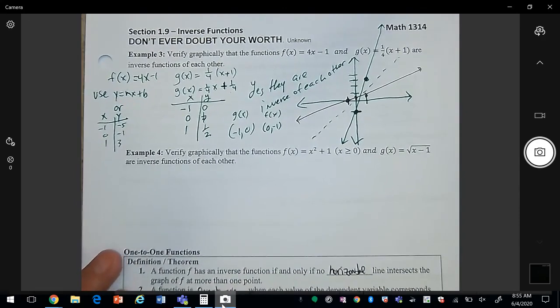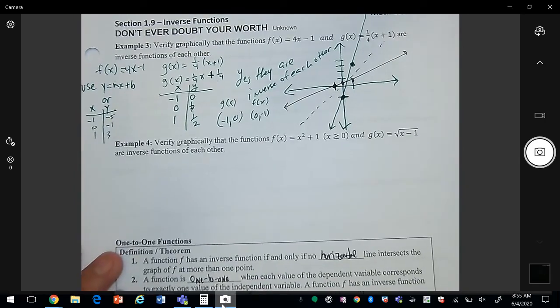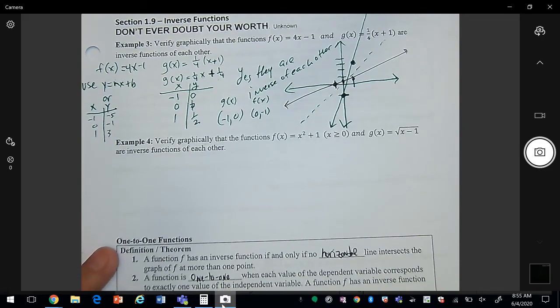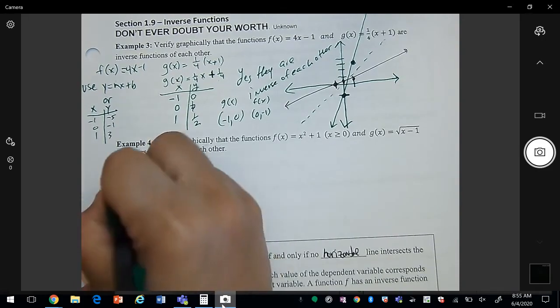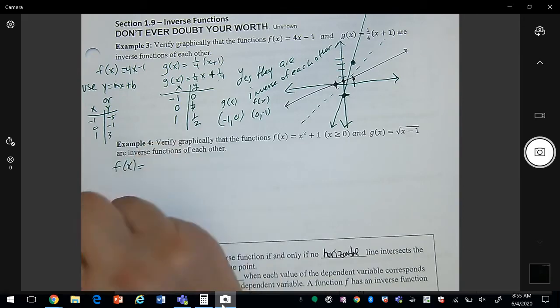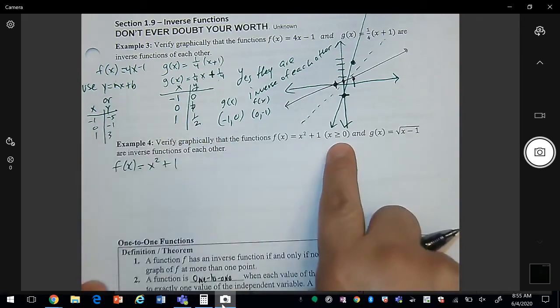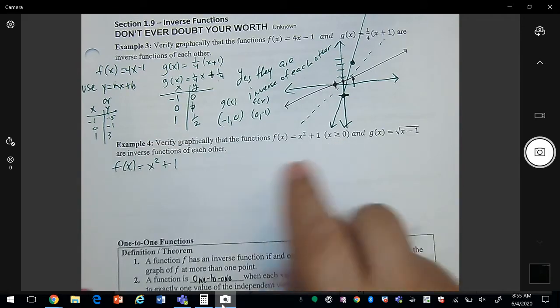Okay. So the next one: verify graphically that the functions f of x equals x squared plus 1, x greater than or equal to 0, and g of x equals the square root of x minus 1 are the inverses of each other. So we have f of x equal to x squared plus 1, and they only want us to look at the values greater than or equal to 0.